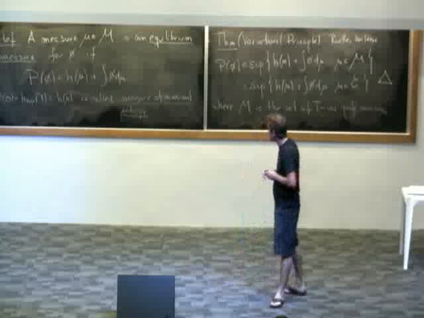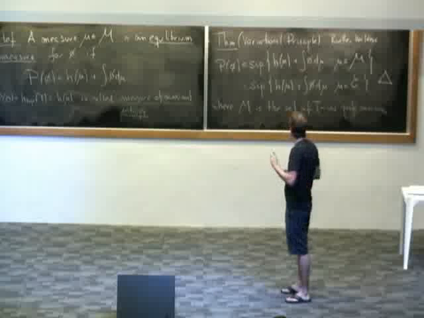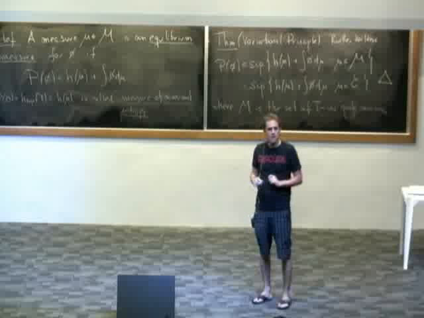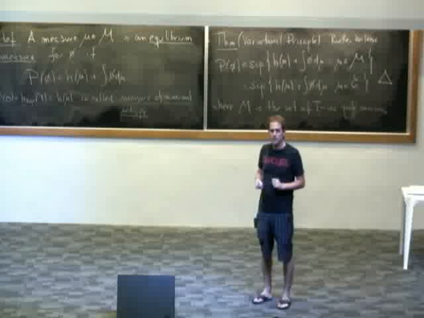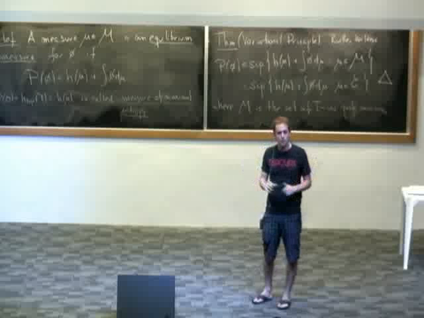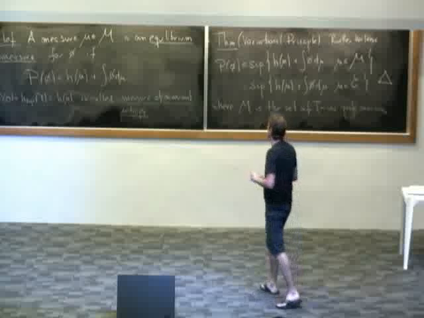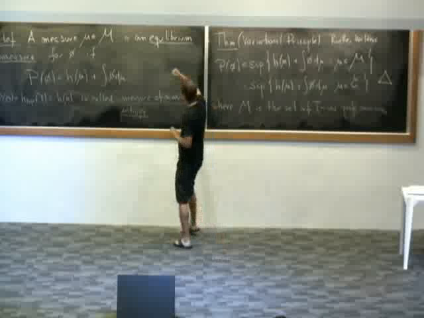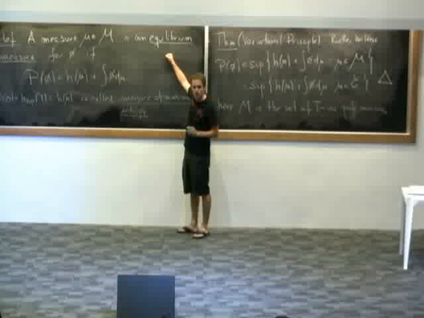Nevertheless, if you concede to me that measures of maximal entropy are important, if you allow me not to convince you of that, then, in general, equilibrium measures are also important.